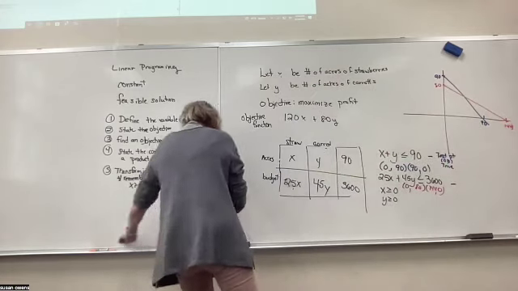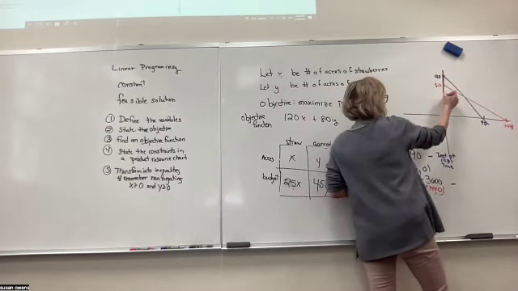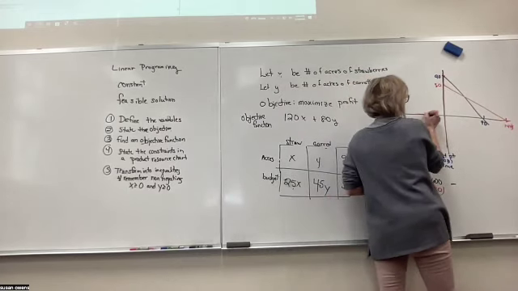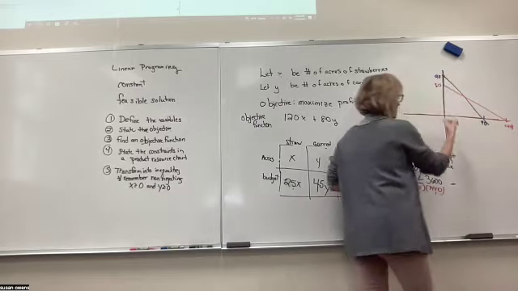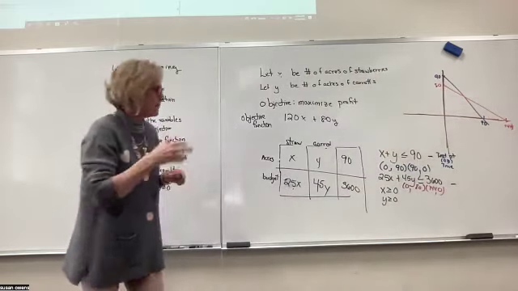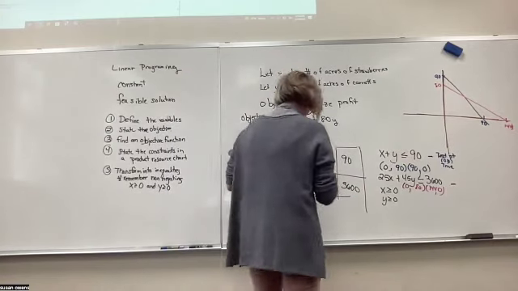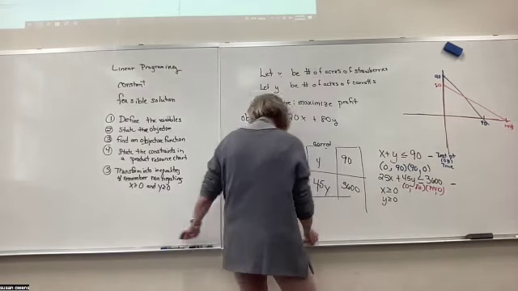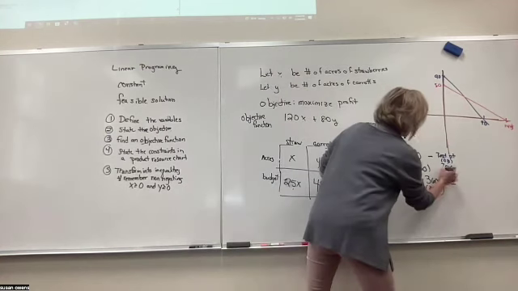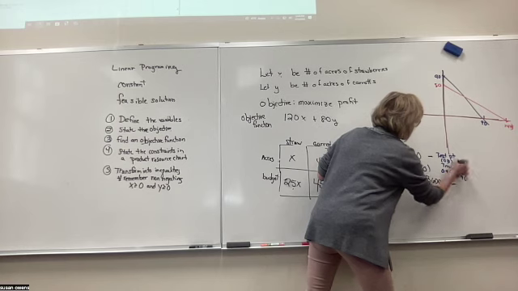Okay, and then we have y is greater than 0 and x is greater than 0 to keep it in quadrant 1. So for my test point for the blue line, I got 0 plus 0 is less than or equal to 90, 0 is less than or equal to 90, and that was true.